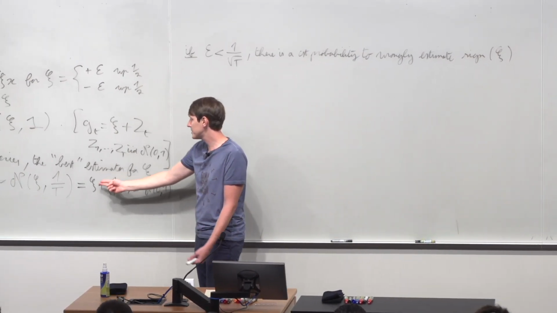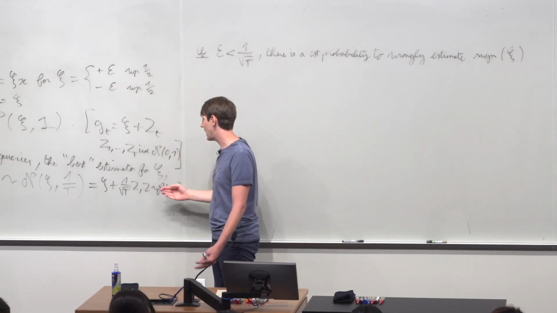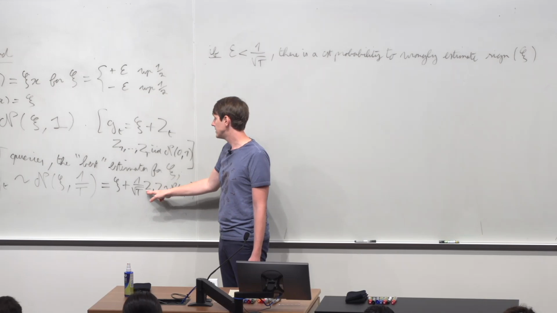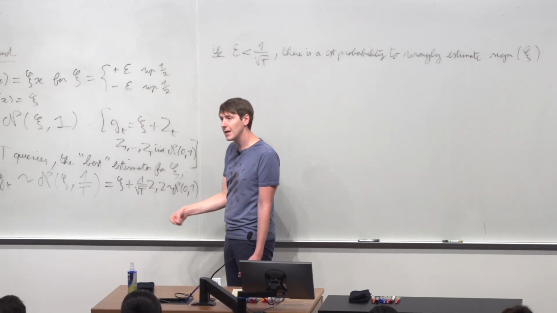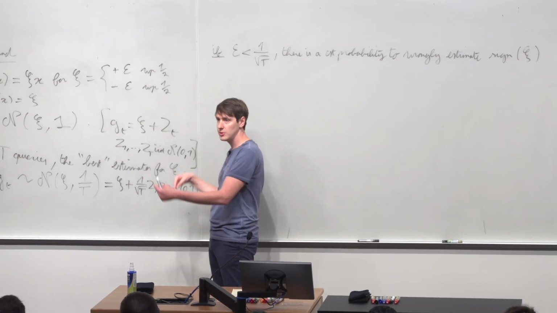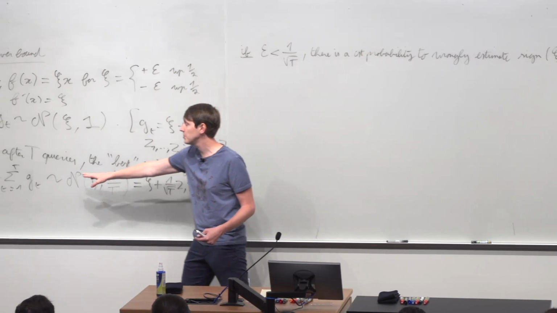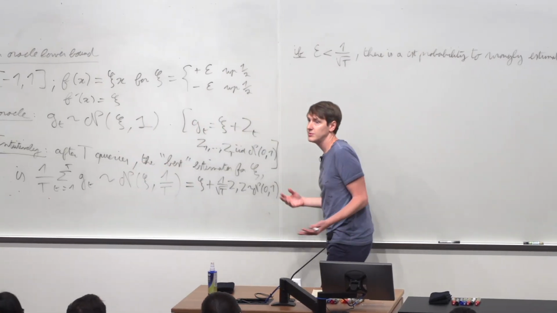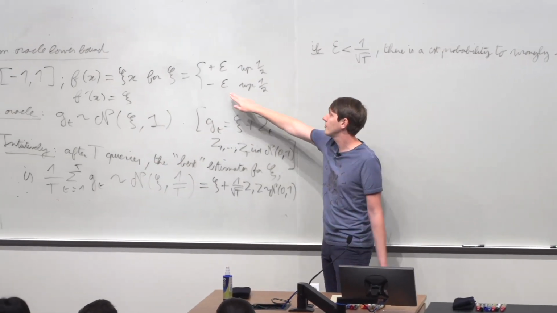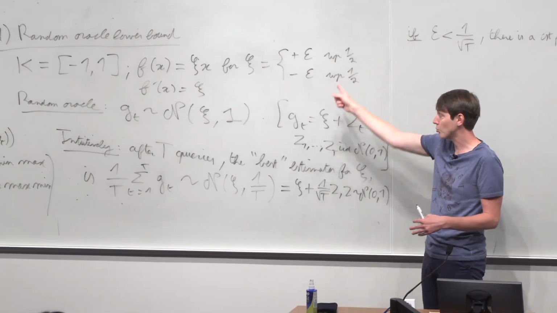Say psi is plus epsilon. There is some probability, say 0.1, that Z is smaller than minus 0.1, and maybe minus 0.1 times 1 over square root T overcomes the plus epsilon. So this estimator is negative. If this estimator is negative, I will say, oh, I think I have a negative slope, so let me optimize with +1.